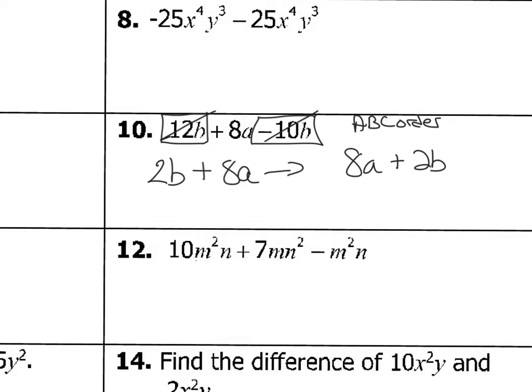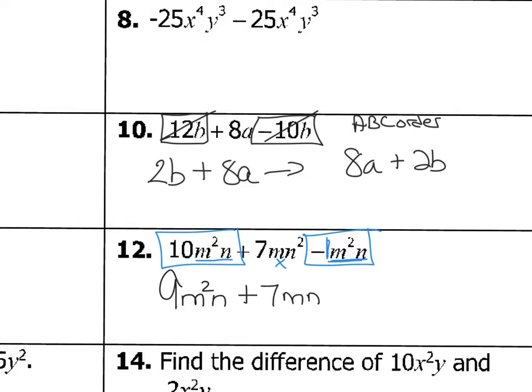M squared n, that one doesn't do, m squared n, and that's like a -1 there, okay? So we're going to combine those like terms. They have the same variable and exponents. So 10 plus -1 is 9 m squared n, and then plus 7 m n squared.